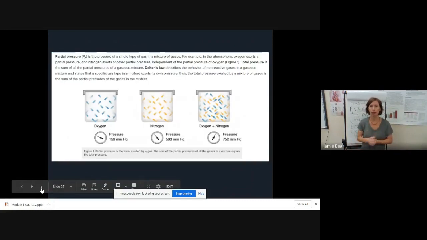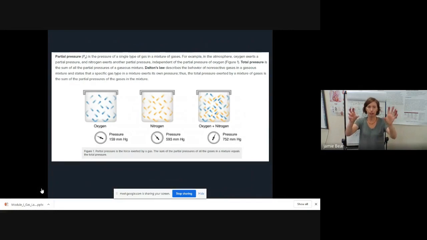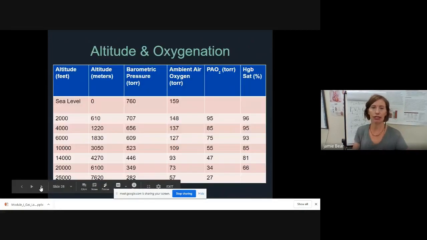So here's another example. We have oxygen and nitrogen together making up the total pressure in atmosphere of air, and that's approximately 760 at sea level.